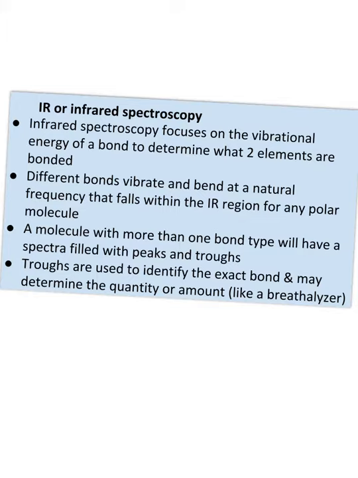So a molecule with more than 1 bond type will have a spectrum filled with some peaks and troughs, and the troughs are used to identify the exact bond that we feel it is. You can also use these troughs to identify the quantity or the amount, like we do with the breathalyzer. We're looking for the OH or the alcohol bonds in ethanol, and we're looking for how much.